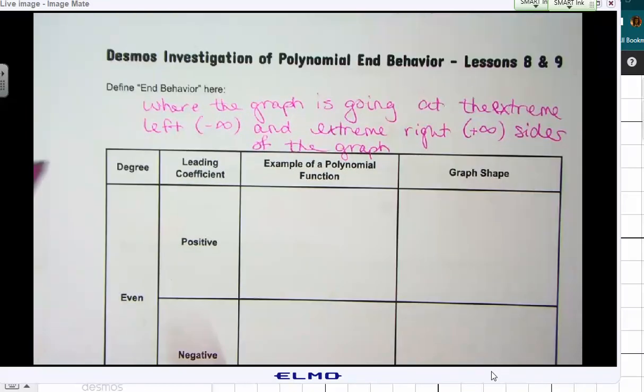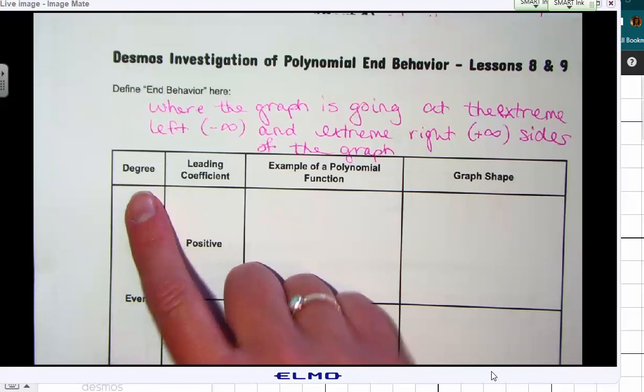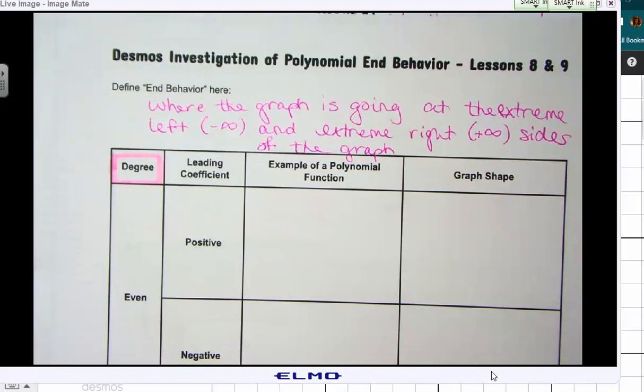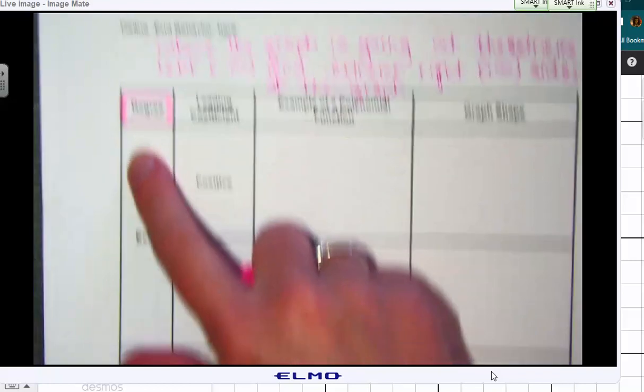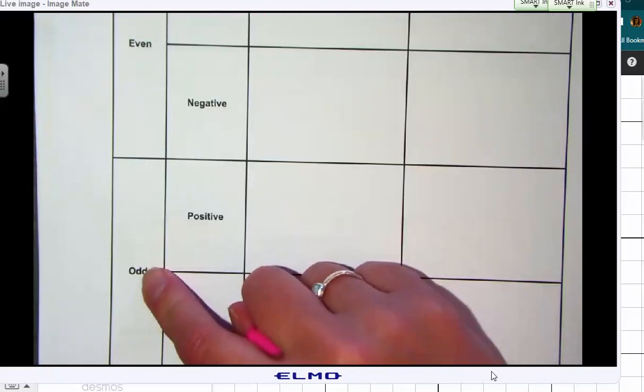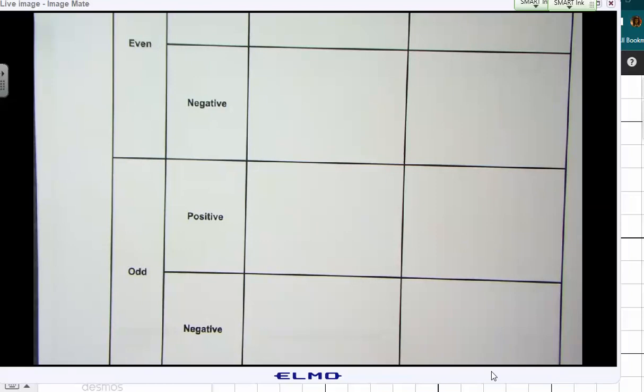And we're already seeing that it's based on two important things. The first thing that we look at is the degree of the function. The degree of the function, if it's an even number or if it's an odd number, is going to have different kinds of end behavior.